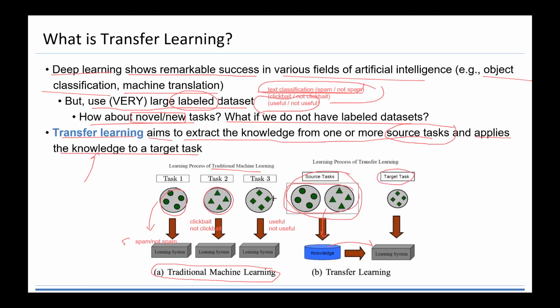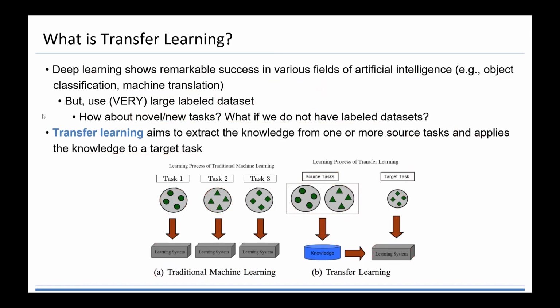So the target task, which is useful or not useful, can learn about the data and then use the transferred knowledge from the existing data. So that's the idea of transfer learning.